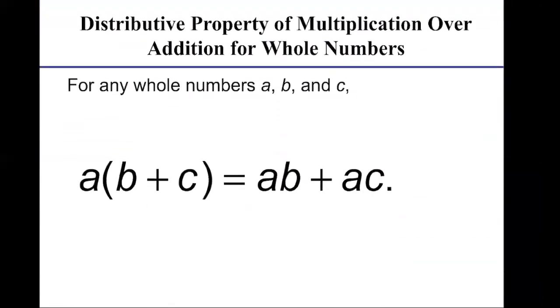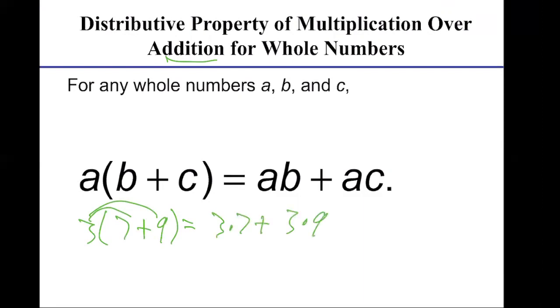Okay, distributive property. We've talked about it in class. We've used the words. Notice it's over addition here. So 3 times 7 plus 9. These are the kind of the symbols for what we're doing. We get 3 times 7 plus 3 times 9.